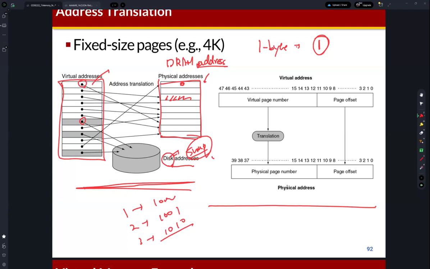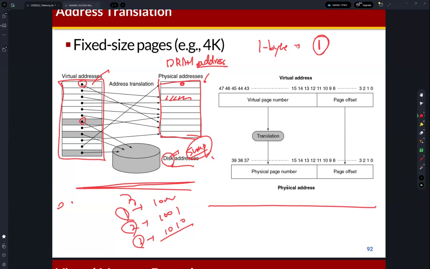In order to translate this address, we require a translation table, right? So the OS or hardware needs to support the translation table, which means we require a very large amount of translation entries, in order to translate the byte address to the byte address of the DRAM address. So it's not good. The overhead is very high.